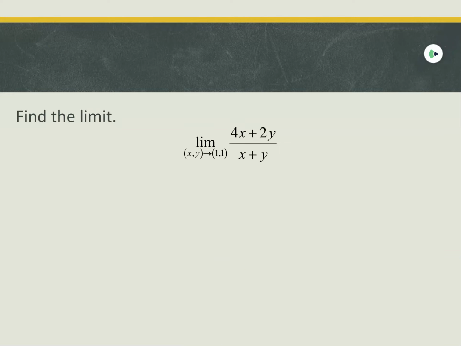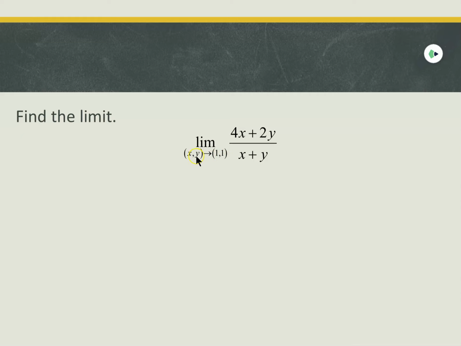Let's look at a quick example. We want to find the limit as x and y approach the point 1, 1 of the function 4x plus 2y divided by the quantity x plus y. So the first thing we notice is that the denominator here is x plus y, and we can't have the limit of this denominator be 0 as xy approaches 1, 1.